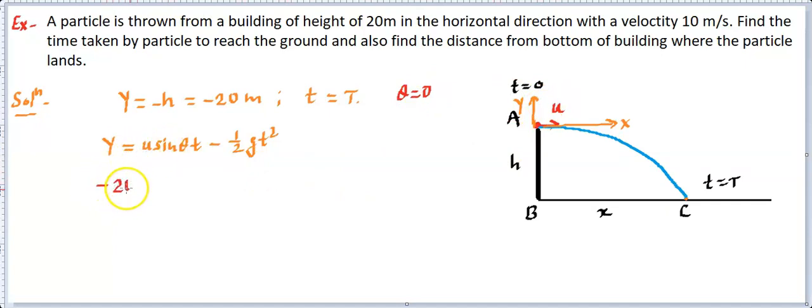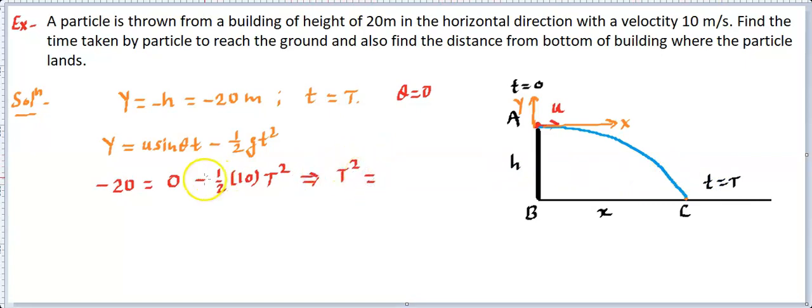This becomes minus 20 is equal to 0, because theta is 0 and hence everything will become 0, minus half, g is a number which is 10, into t square. By simplifying this equation, we can find this t, where small t can also be represented as capital T because this is the total time of flight. So from here we can find this capital T. How much is that capital T going to be?